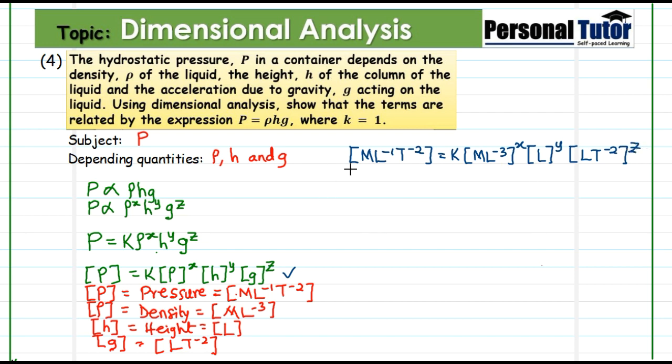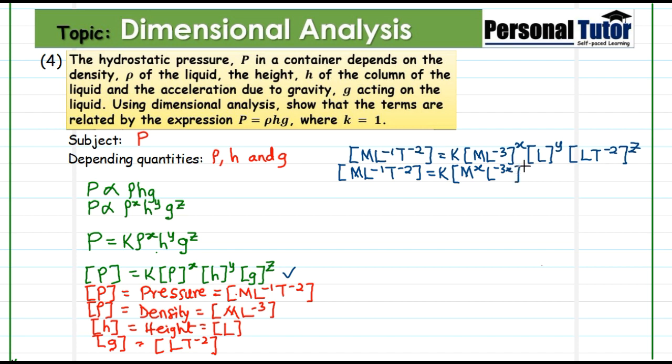Expanding the right hand side, the left hand side remains the same: M L^-1 T^-2 equals K. The power S goes for both M and L, so that will be M^S, L^-3S.